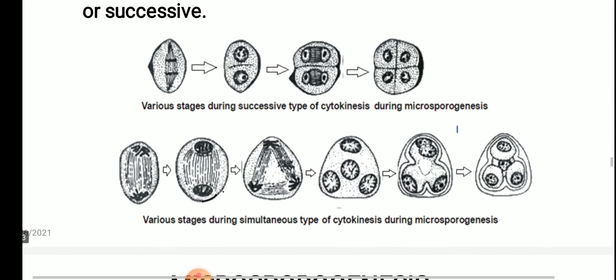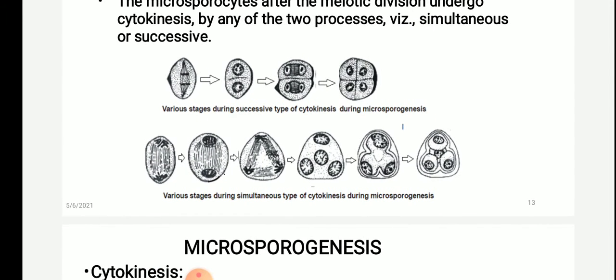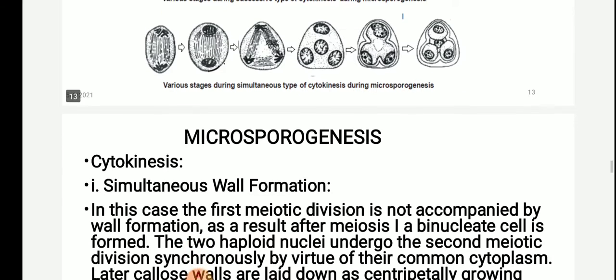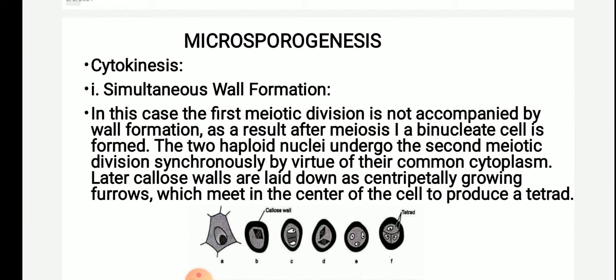Whereas in the simultaneous type, the first karyokinesis takes place and two nuclei are formed. These two nuclei undergo further karyokinesis to form four nuclei. Only after the formation of four nuclei is the cell wall laid down in the simultaneous type of cytokinesis.